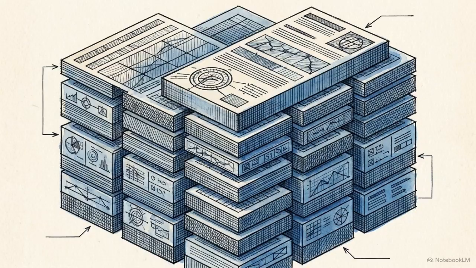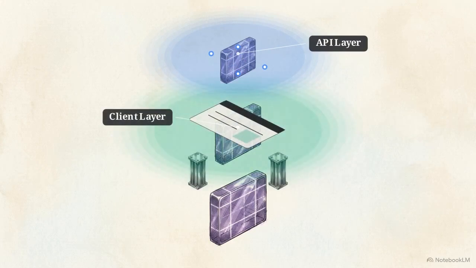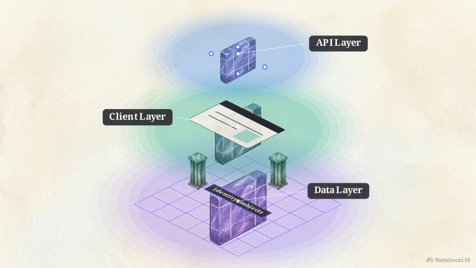The live runtime maps across 3 tiers. The top API layer handles orchestration via Vercel serverless endpoints. The middle client layer serves the visual interface using React 19. The base data layer relies entirely on Supabase, acting as the immutable ledger beneath the ecosystem.